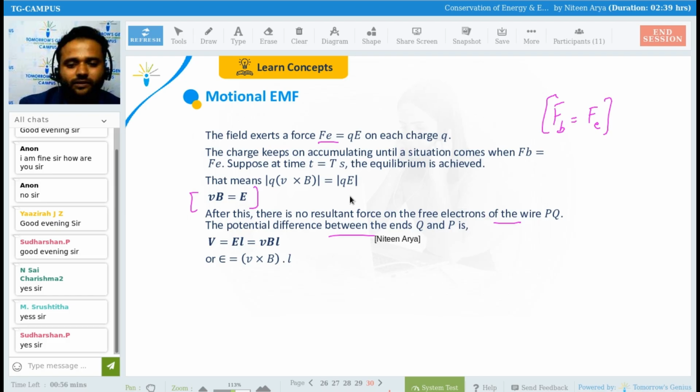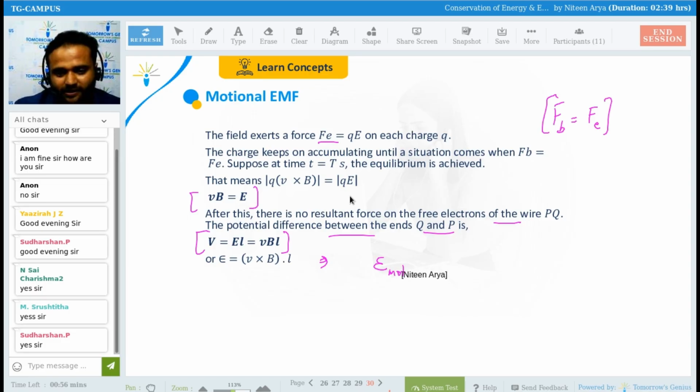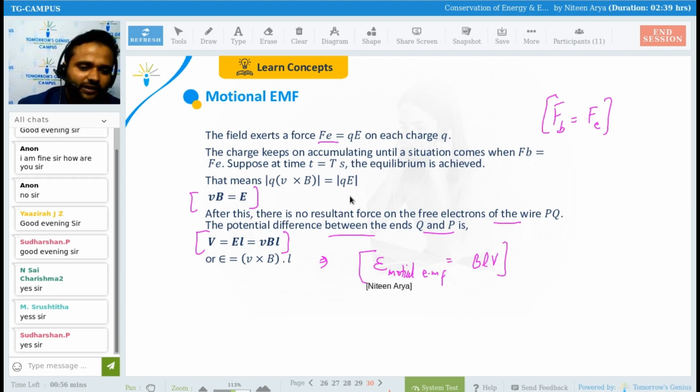The potential difference between the two ends Q and P is V, which is EL, that is BLV, and this EMF is the motional EMF. I already taught you this, so I'm going a little quickly. Motional EMF is nothing but BLV. You can write VBL or any other order. It's your choice. Clear?